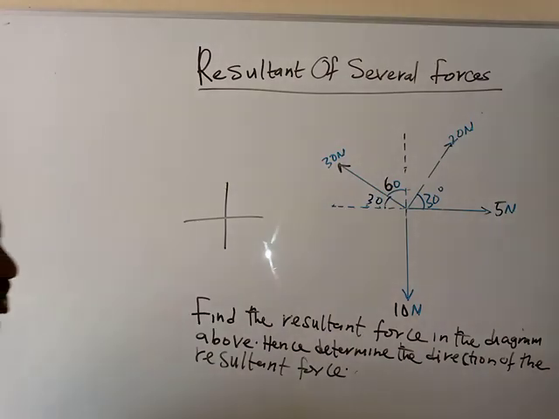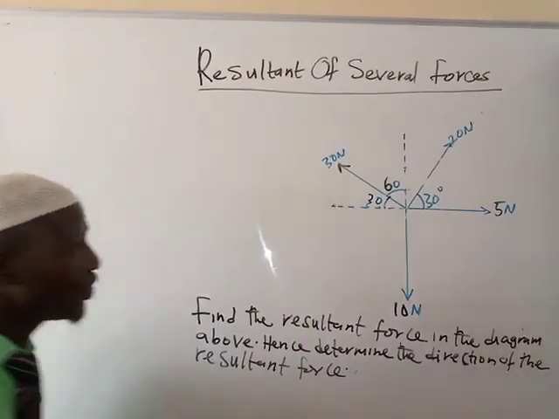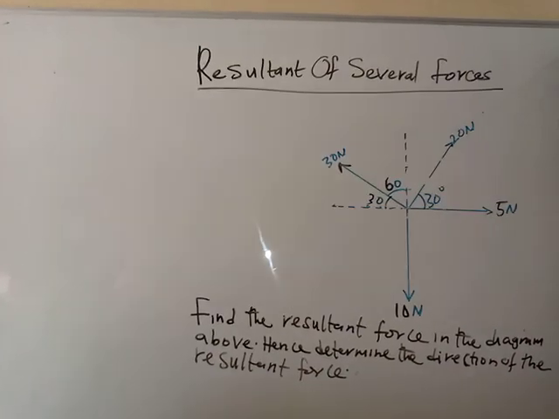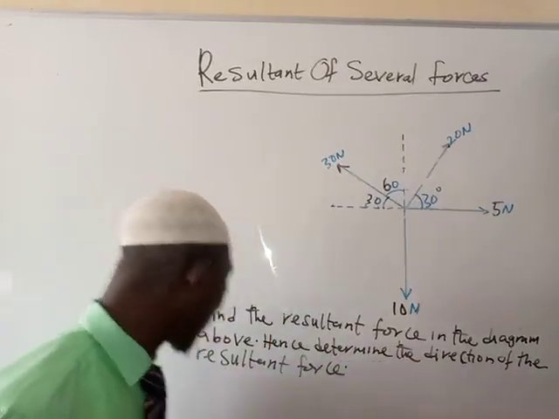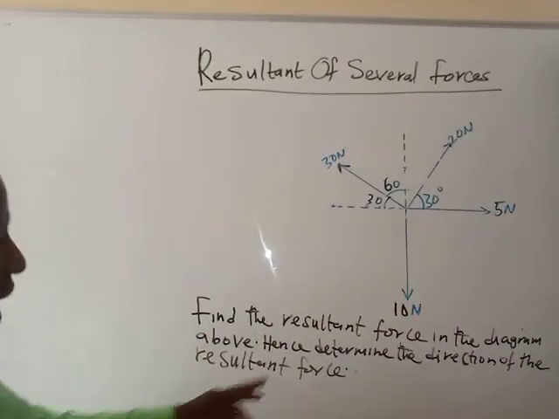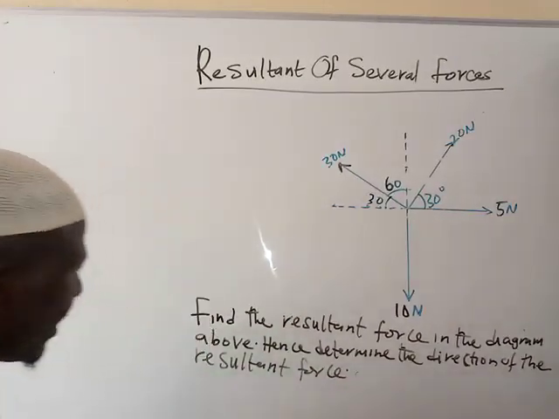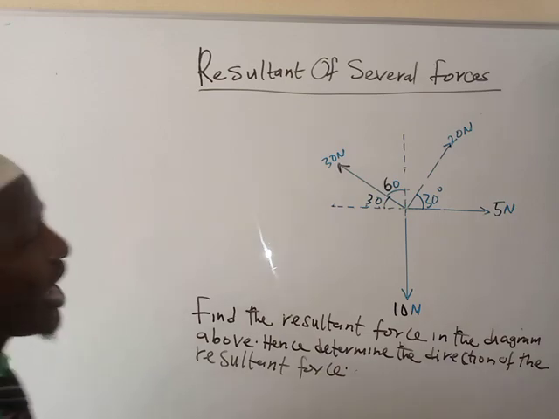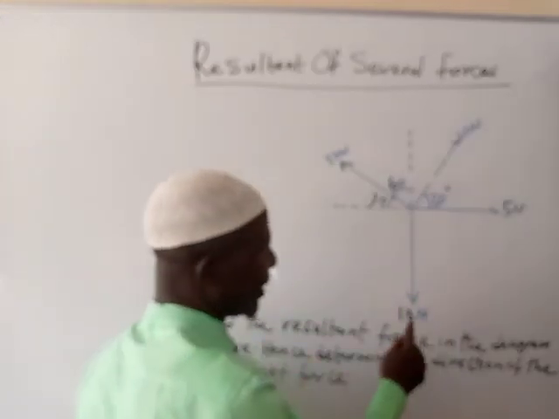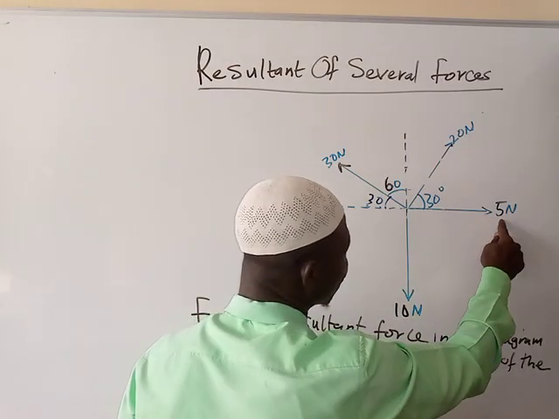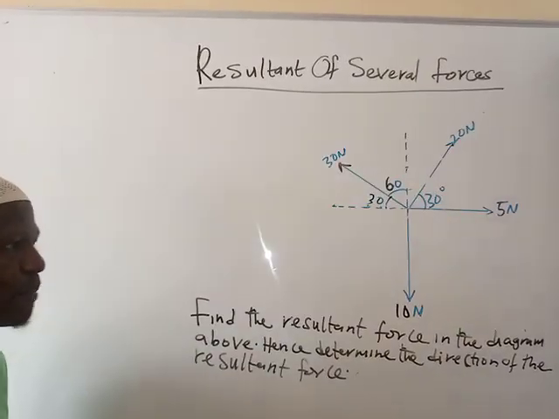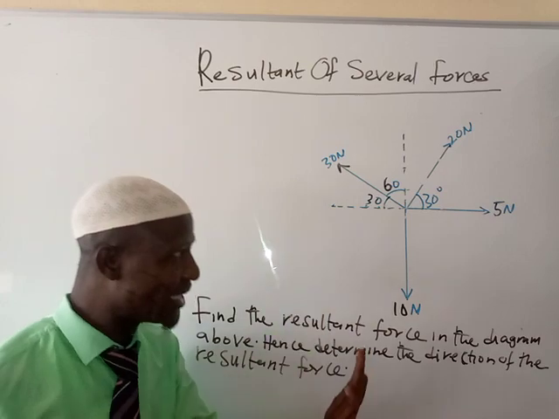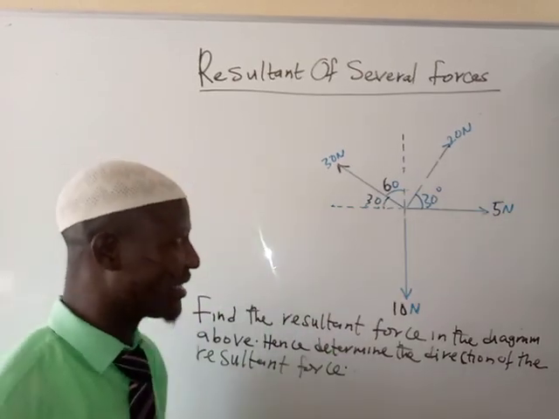Now, let's use this question to analyze the topic. For instance, the question says, find the resultant force in the diagram above and determine the direction of the resultant force. So we have four forces: 10 Newton, 5 Newton, 20 Newton, and 30 Newton. If you look at it, we have two of them acting on particular axes.